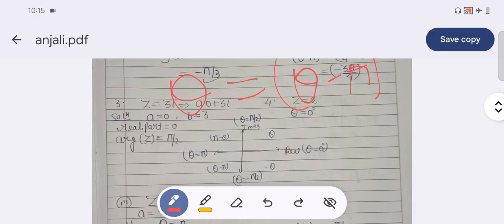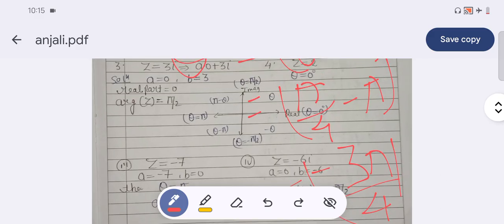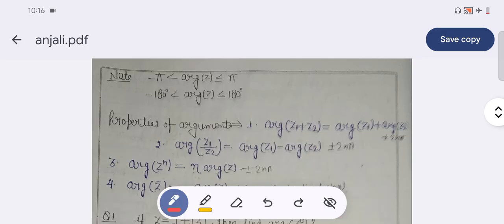So theta will be pi by 4 minus pi. This will be minus 3 pi by 4. So argument of z will be minus 3 pi upon 4. I hope you understand very well. This is a note: argument of z lies in minus pi to pi.